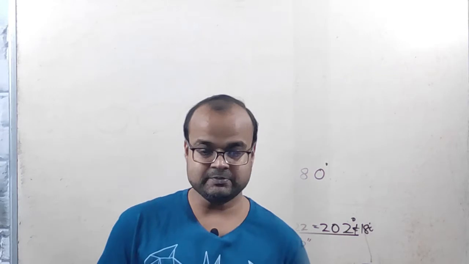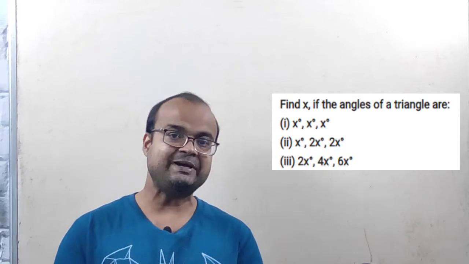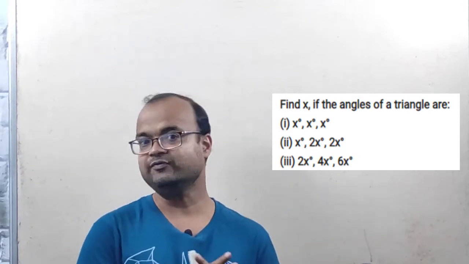Our next problem is, find x if the angles of a triangle are given as x, x, x. That means the measures of three angles are given to you and you need to find the value of x.